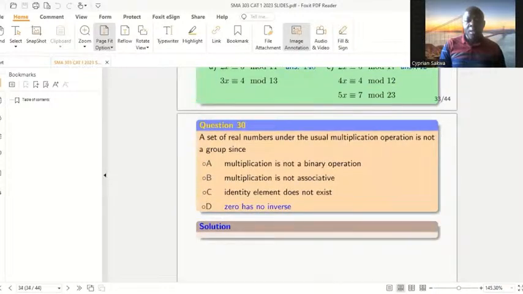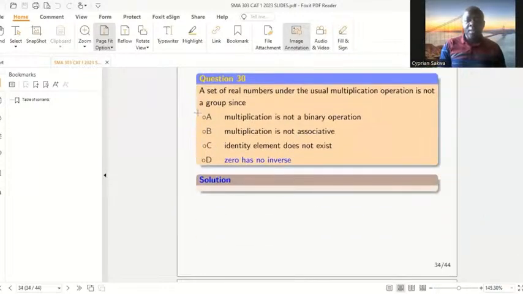Now let's look at another question. The set of real numbers under the usual multiplication operation is not a group. Why is it not a group? It's not a group because 0 has no inverse.